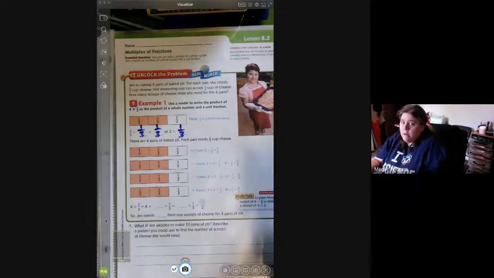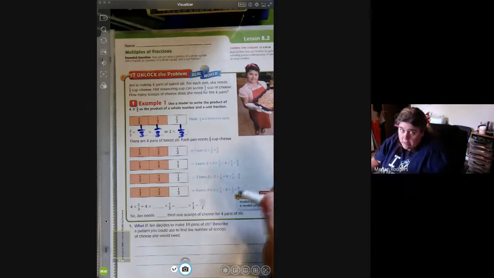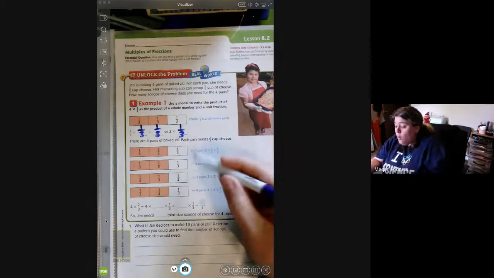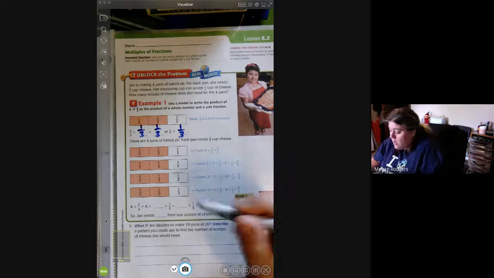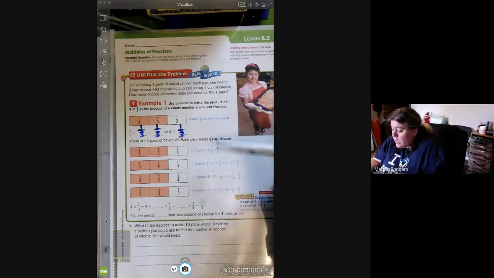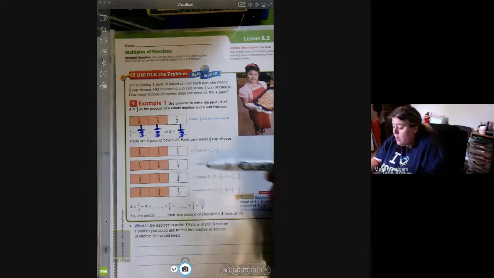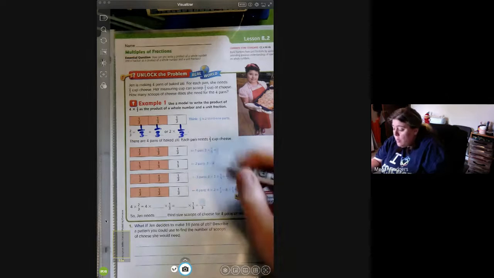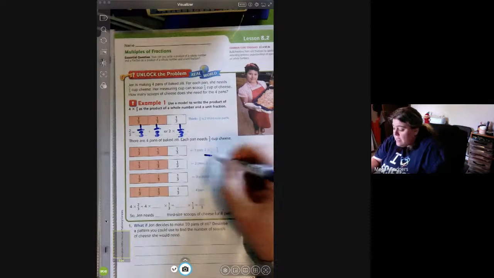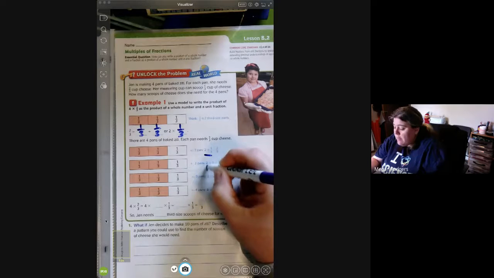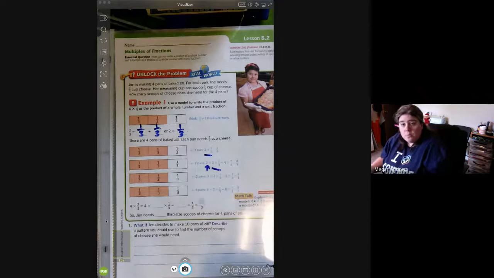All right, but now is where we get more challenging because she isn't just making 1 pan of ziti. She wants to make 4 pans of ziti. So it shows the example here that 1 pan was 2 times 1/3, which equaled our 2/3. So for 2 pans, we have this same amount, but now we have an extra times 2.